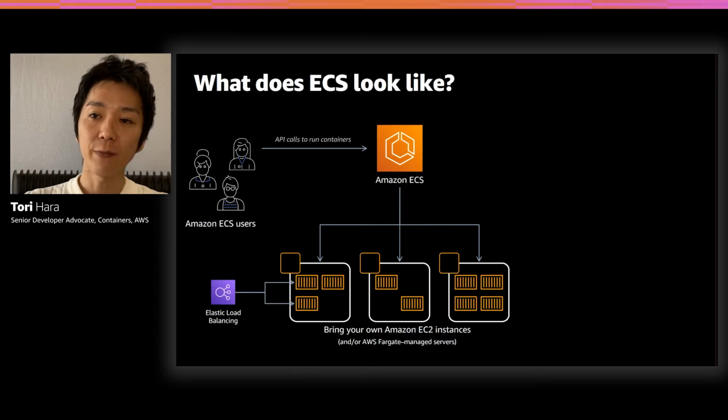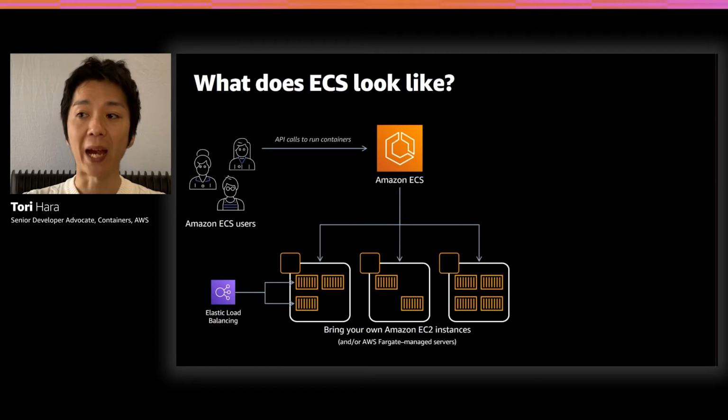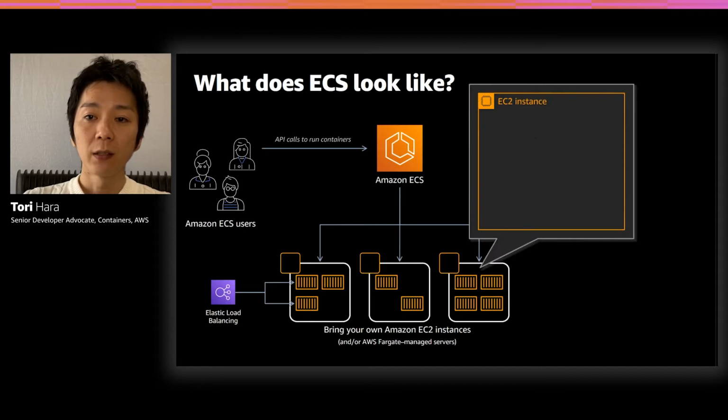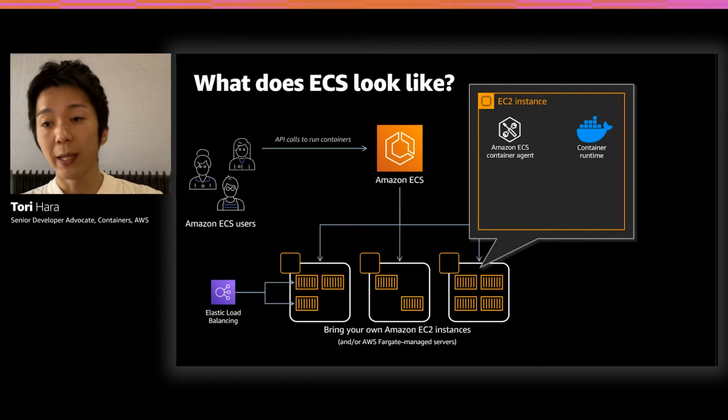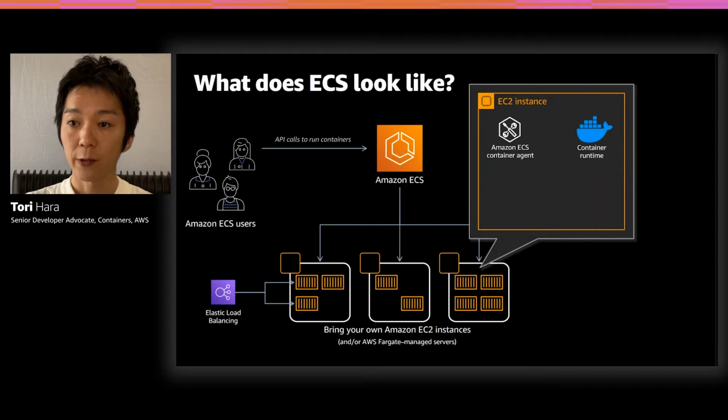But actually, as you may know, it's not magic. Let's quickly take a look at what's behind it. There are at least two daemons running in each server: the ECS container agent and the container runtime. Docker might be one of the most famous container runtimes out there. The ECS agent in that server talks to ECS, and ECS tells the agent which containers should be running in that server.